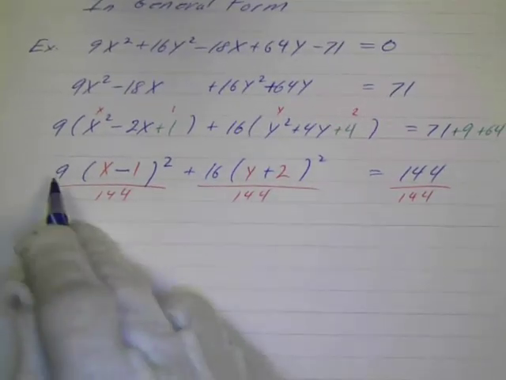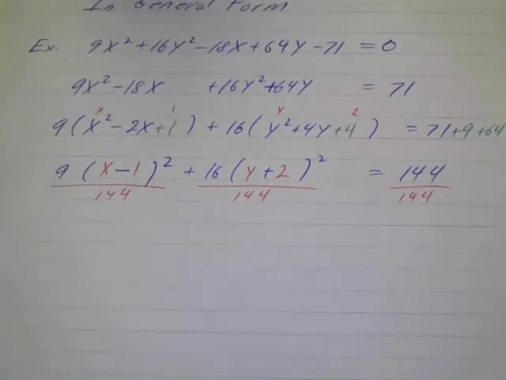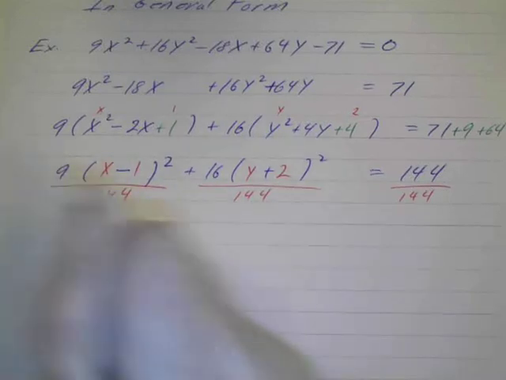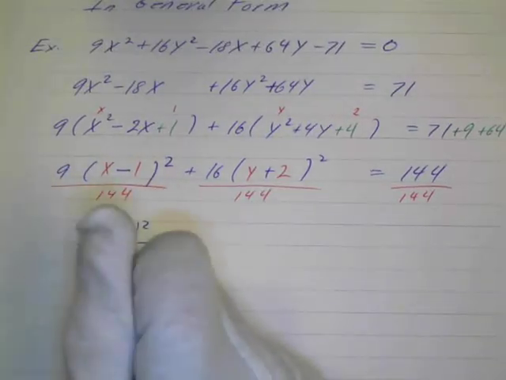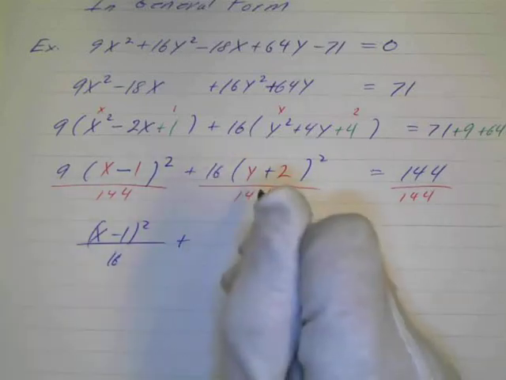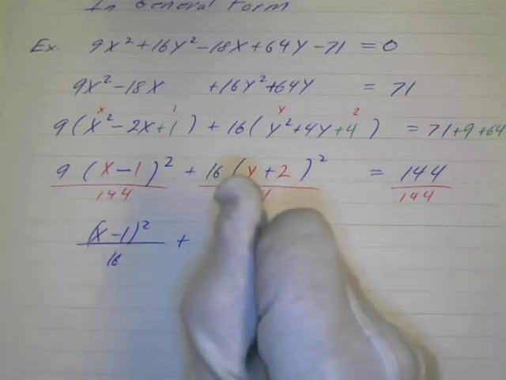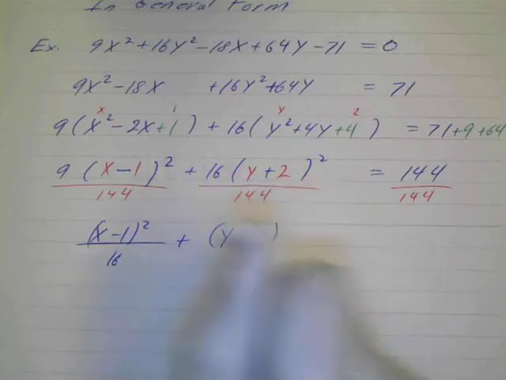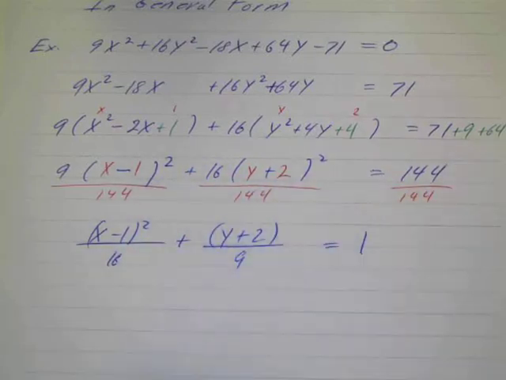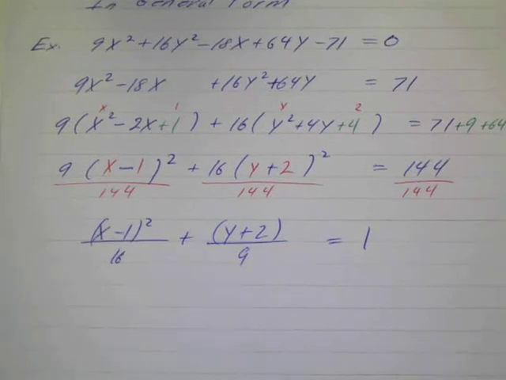It usually works out this way. 9 goes into 144 16 times. If you multiply 16 times 9, you get 144. So we have x minus 1 squared all over 16. And 16 goes into 144 9 times, so we've got y plus 2 squared over 9, and 144 over 144 is 1. And now we're in standard form.